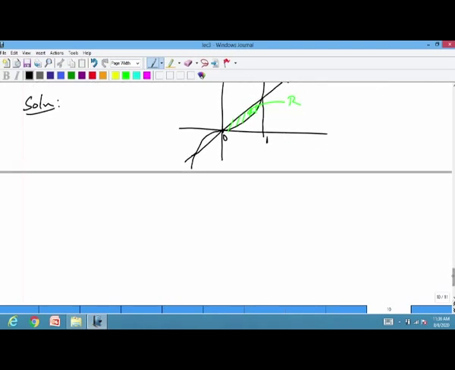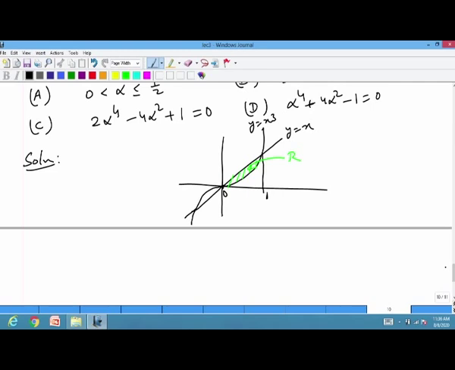So, first let us calculate what is the area of the region R. Area of the region R is equal to integral from 0 to 1 of the upper curve is x and the lower curve is x cube.